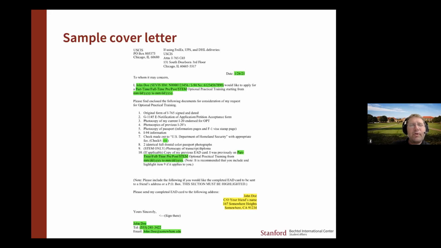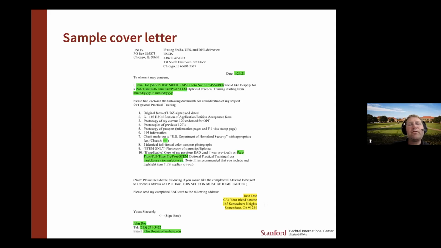You also will, so a lot of students have to move out. And so when you're telling USCIS where you want your EAD card or any OPT application materials mailed to you, you have to have a mailing address that's valid for the next 6 months.